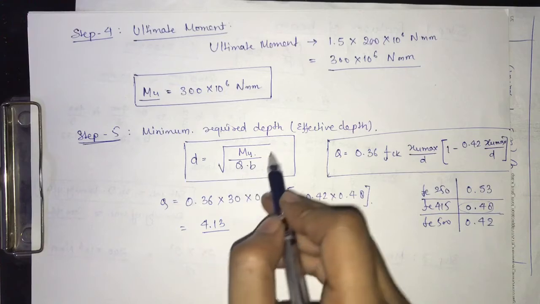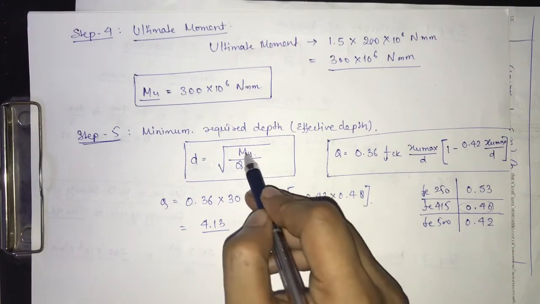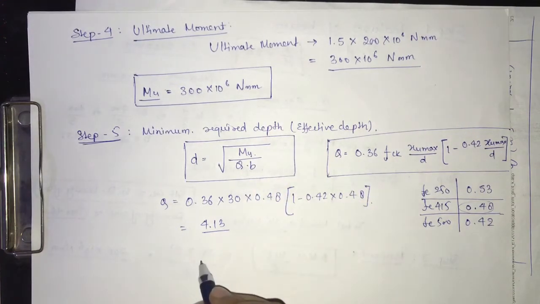And the values of Mu and b you already have. So here we calculate d minimum.